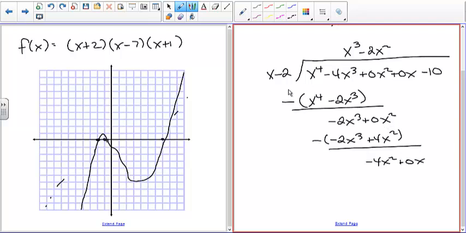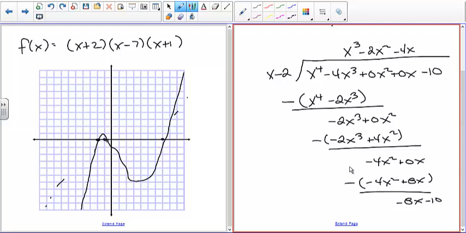What do I need to multiply x by to get negative 4x squared? Negative 4x. So I'll get negative 4x squared. I'm going to multiply here, and I'll get plus 8x here. Again, I'm subtracting it. So negative 4 plus 4 is 0. 0 minus 8 is negative 8x. Bring this down, negative 10.